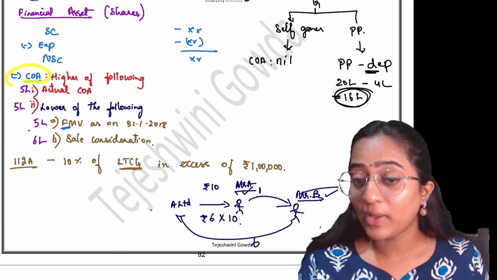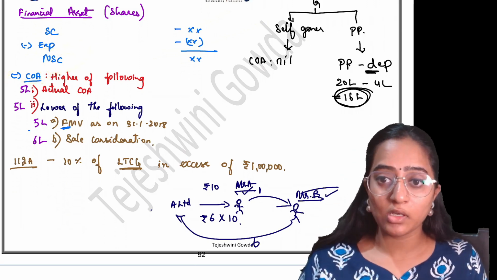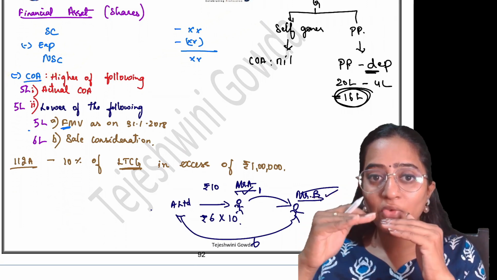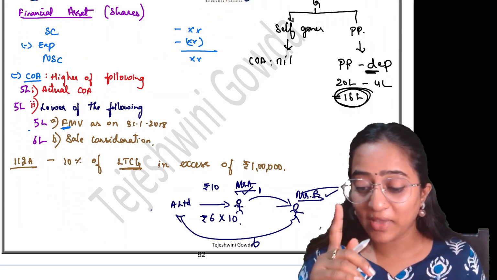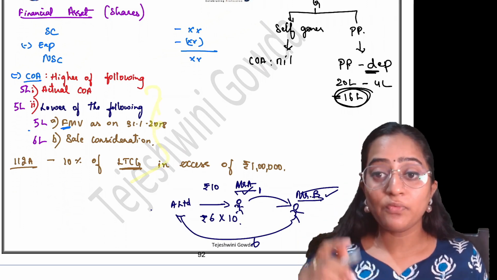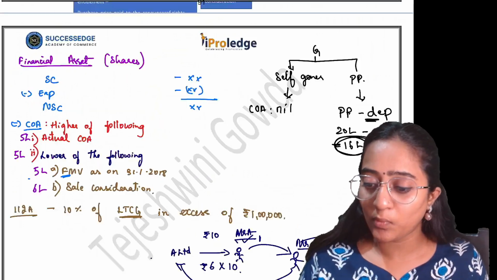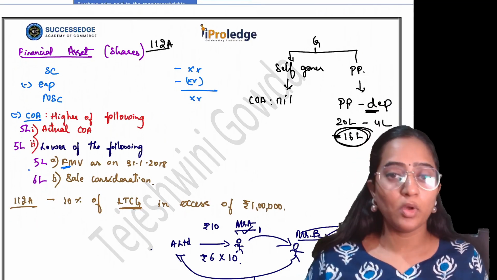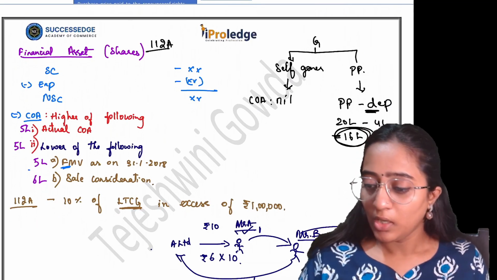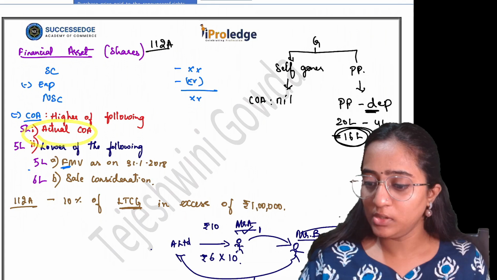Remember, in case of cost of acquisition, whatever you consider over here is going to be the higher of the actual cost or the lower of the following. Okay, very, very important point, people. Identifying the cost of acquisition for your 112. This I'm specifically speaking about 112. Then we will see the remaining points later.